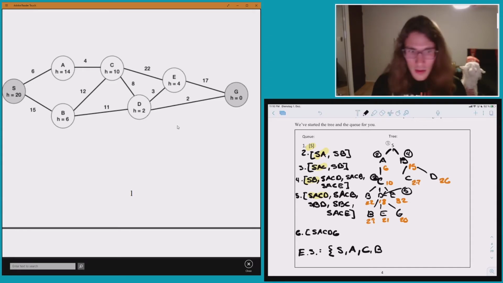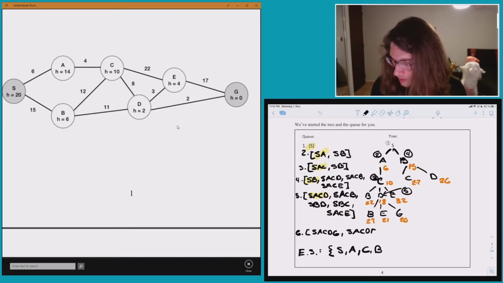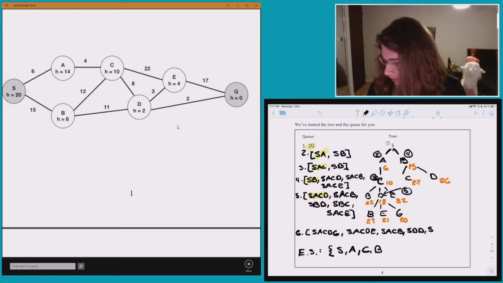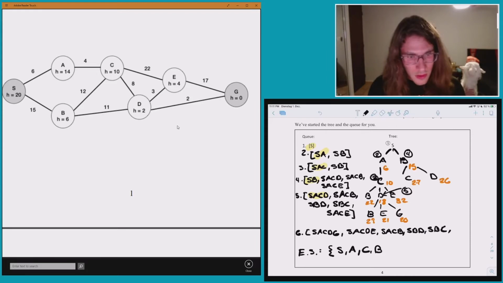SACDG is the next path that is going to be explored, followed by SACDE, SACB, SBD, SBC, SACDB.